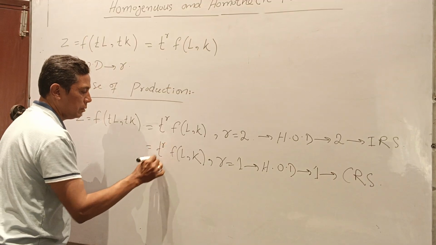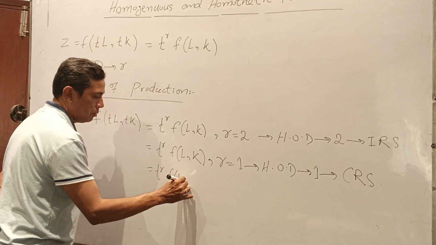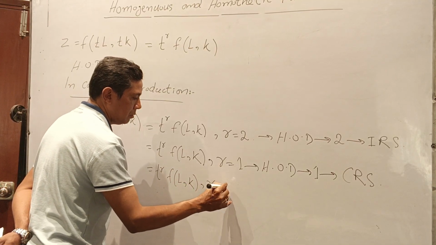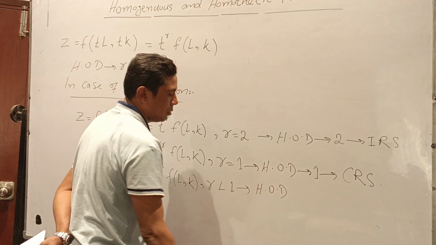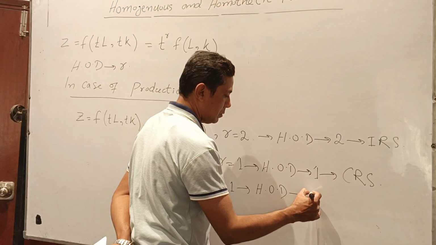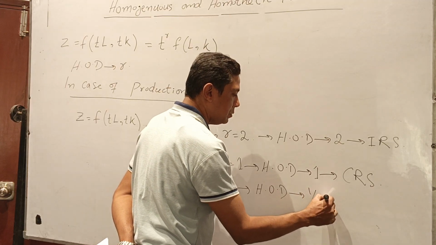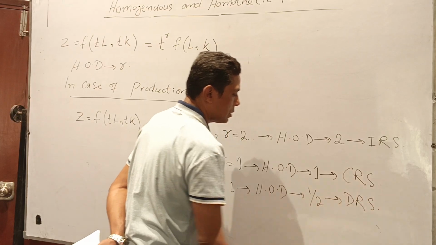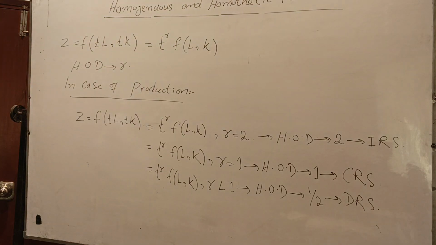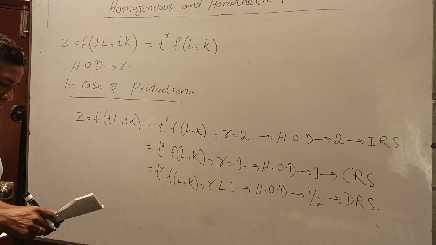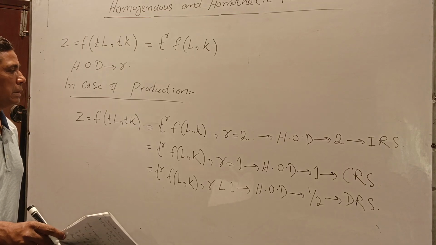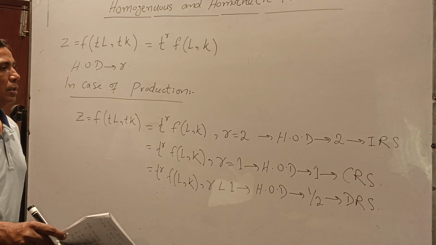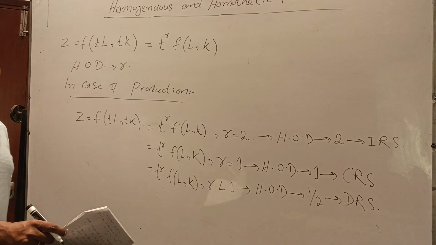And similarly, if r is less than 1, for example 1 over 2, that is DRS, decreasing returns to scale. For example, if the power of T is equal to 2, that is actually HOD 2, so IRS, CRS and DRS.